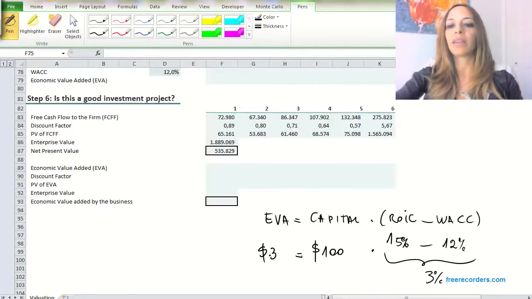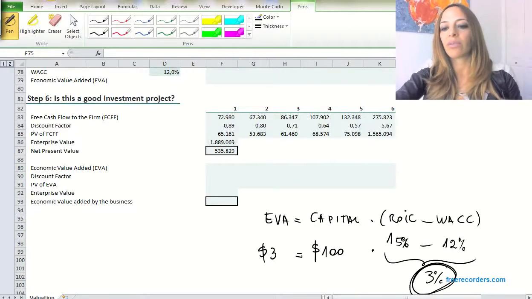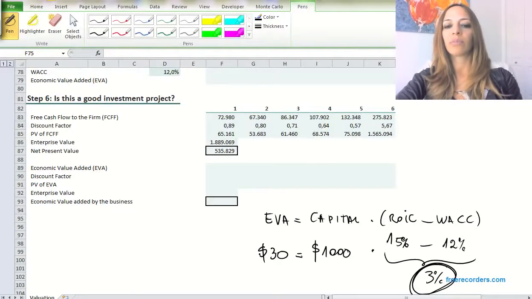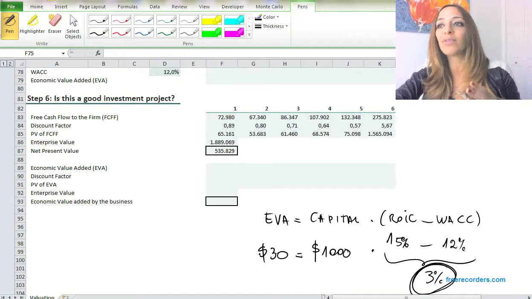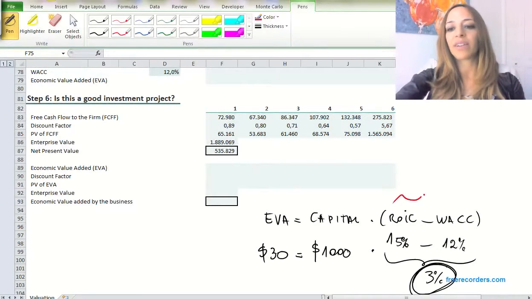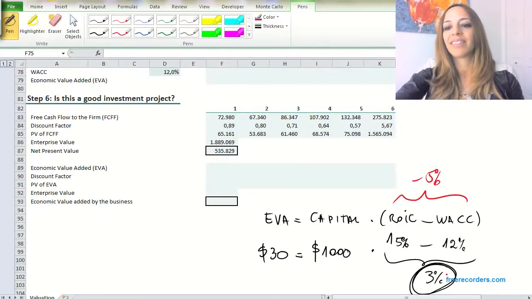But if you are capable of maintaining this 3% spread while growing, then a bigger company will lead to more value creation. That is EVA. Of course, this does not work if the difference is negative. Let's say you have a minus 5%.